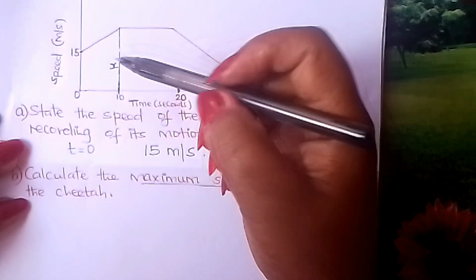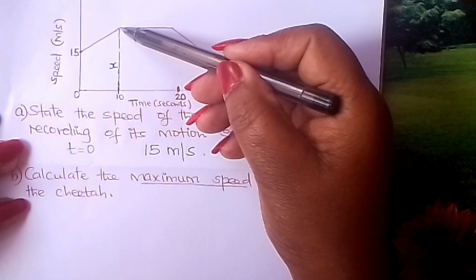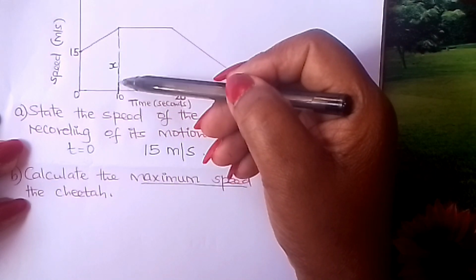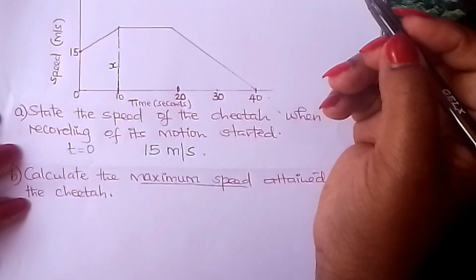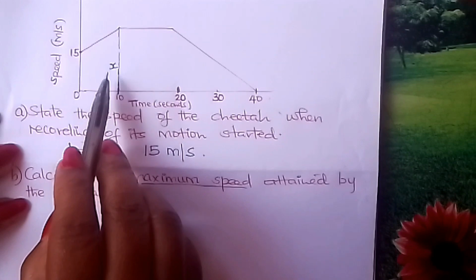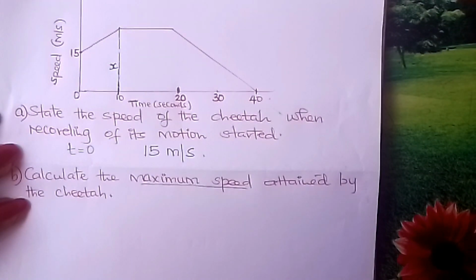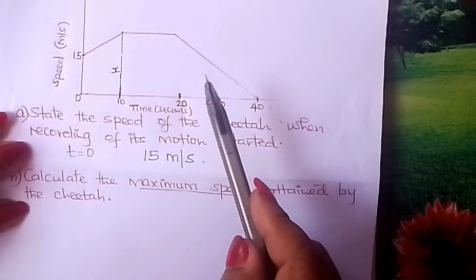Because here it was 15, the speed increased up to where? Up to here. So the maximum speed can be read at this point. Call it x. What is this x, learner? What you do is you relate everything to the distance covered.